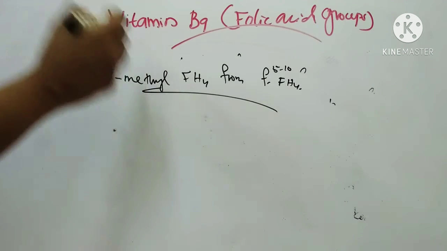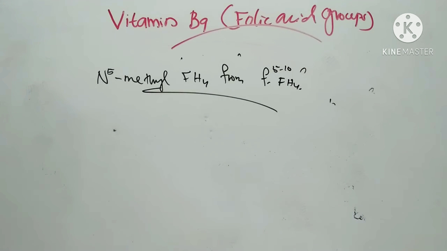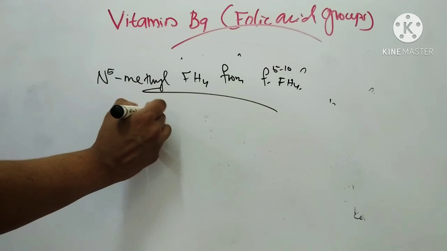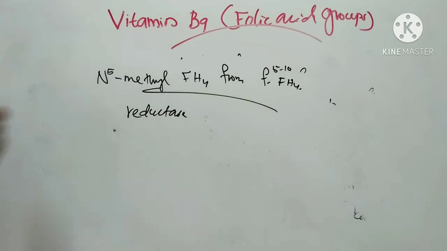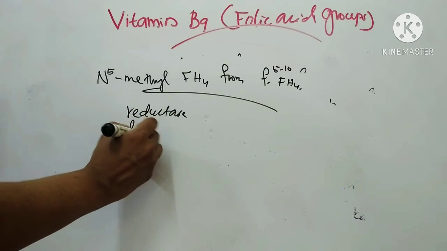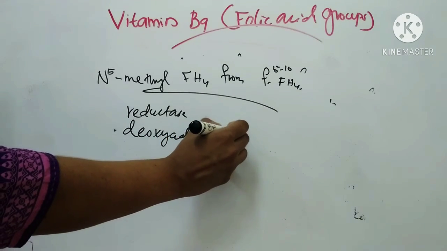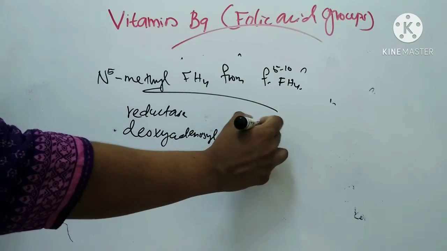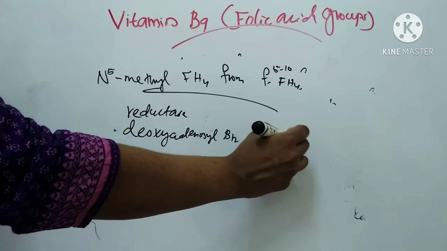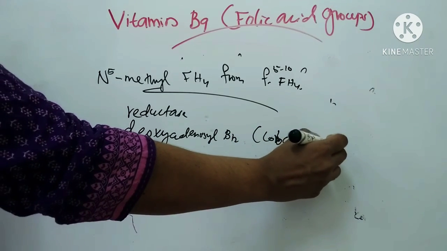It can be converted to N5-methyl FH4 by an NAD plus dependent reductase, and this CH3 group is then transferred to deoxyadenosylbutol, the cobamide coenzyme.